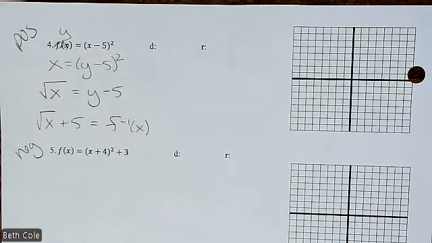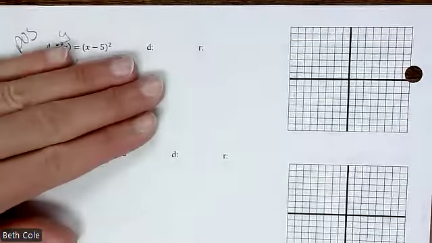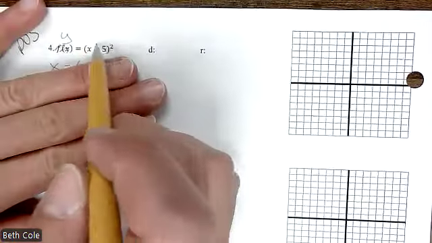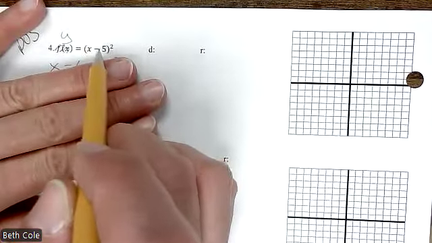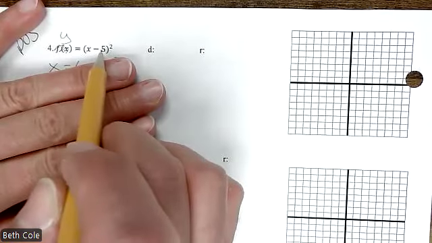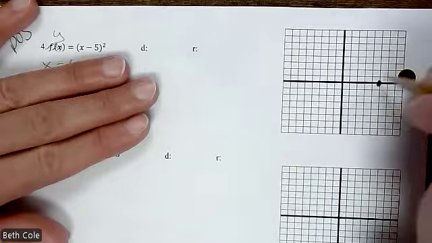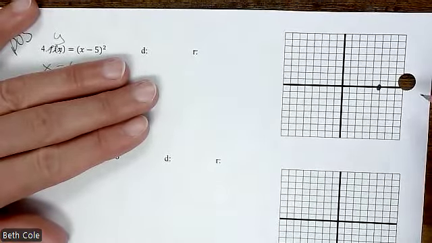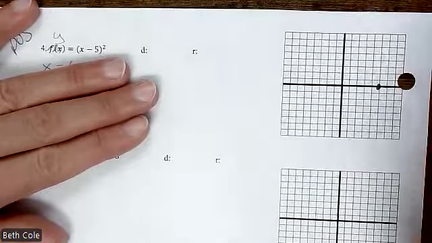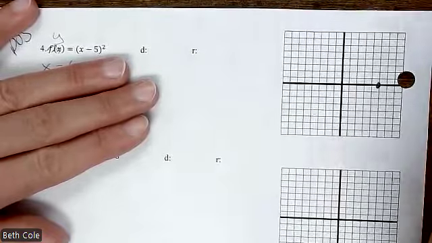Now, I like to do the graph before I go back and do the domain and range so I can actually see what's going on. And you can get your graph without looking at any of this. This will be a parabola shifted what direction? Close. Right 5. So we're going to go right 5, put a point, and I only want from 5 onwards. I only want half of my parabola.